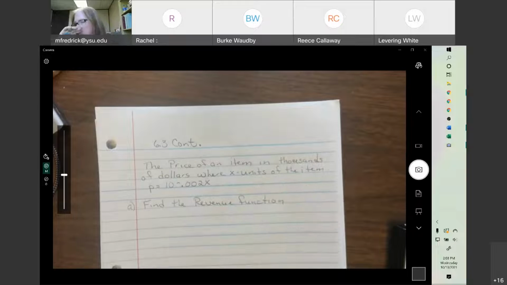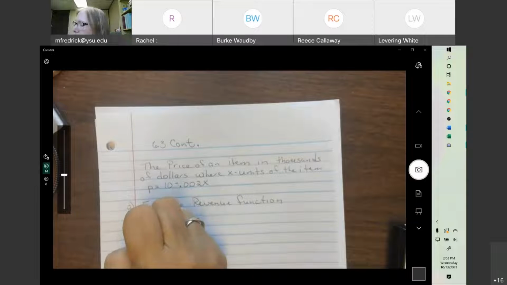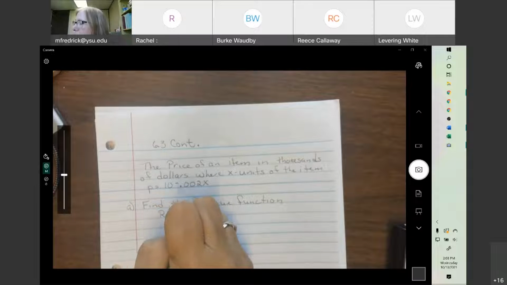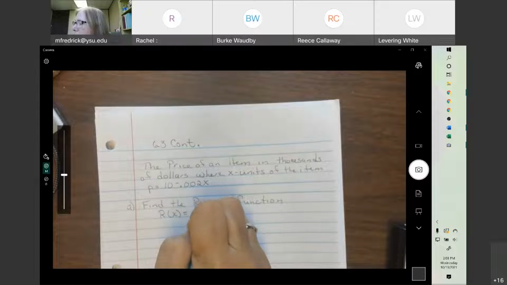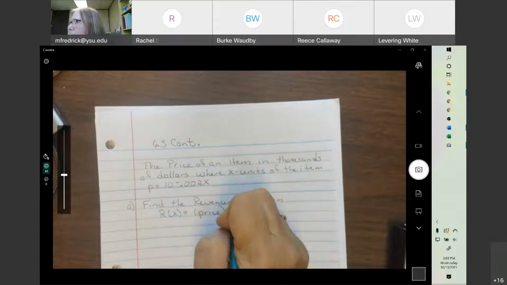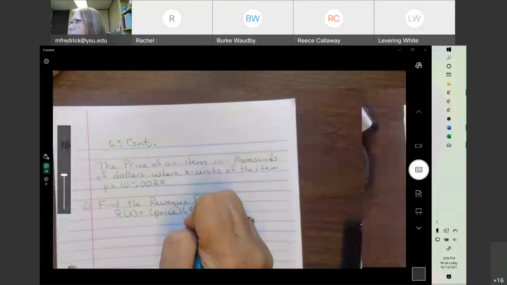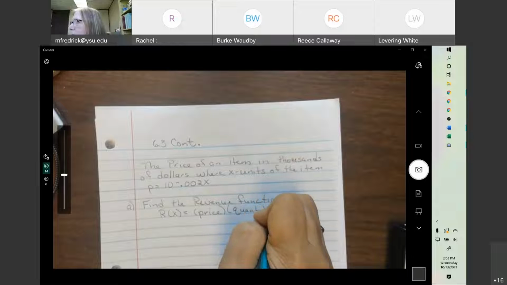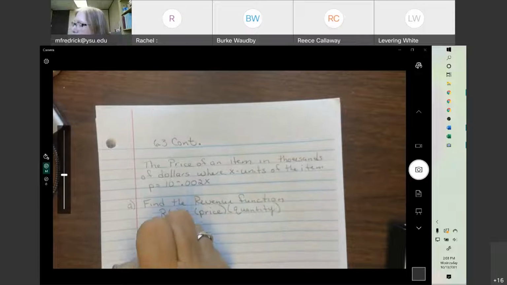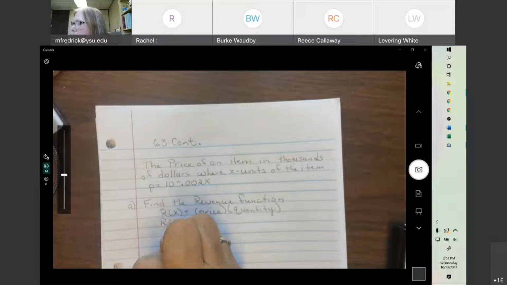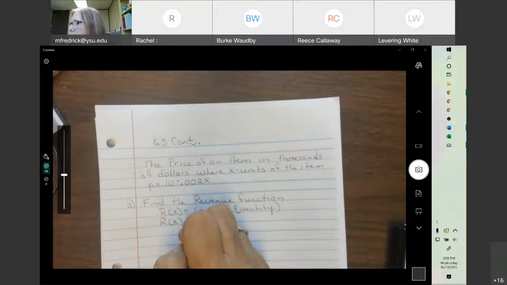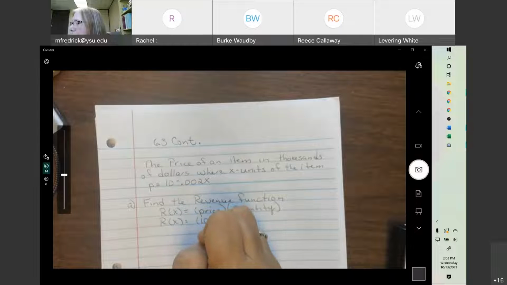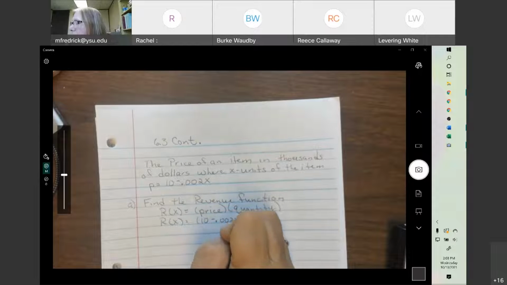So the first thing we want to do is find the revenue function. Revenue, R of X, is price that it sells for times quantity. Our price in this case is 10 minus 0.002x.